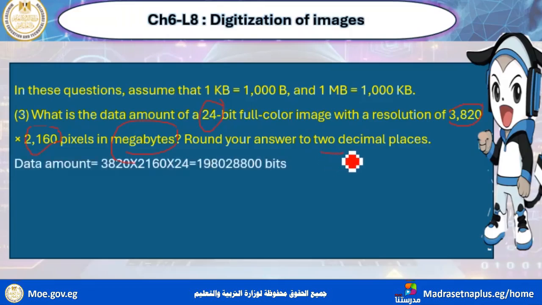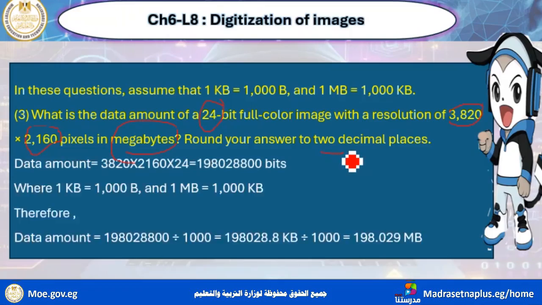So the amount will be all the numbers multiplied, where 1 kilo is equal to 1000 bytes and 1 mega is equal to 1000 kilo. As we said, the result will be 1.0368, and we would like to round it to decimal places only.